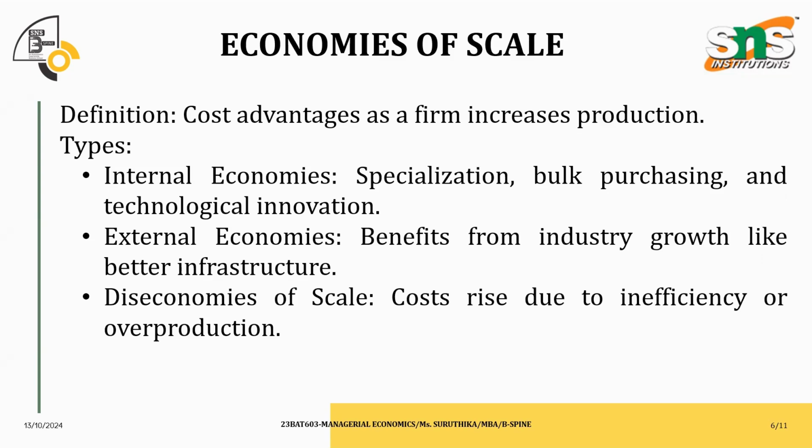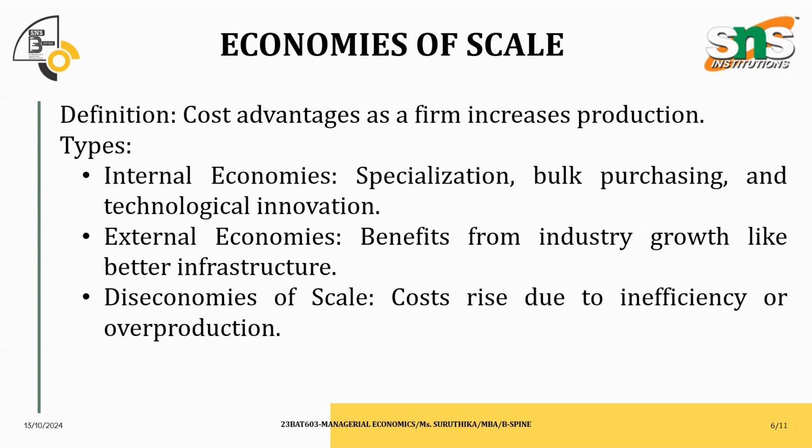So cost advantages as a firm increases production. What are the cost advantages that a firm acquires out of increasing production? These are of three major types: internal economies, external economies, and diseconomies of scale. Internal economies of scale refers to specialization, bulk purchasing, and technological innovation that happen inside the organization and contribute to the overall cost advantage.